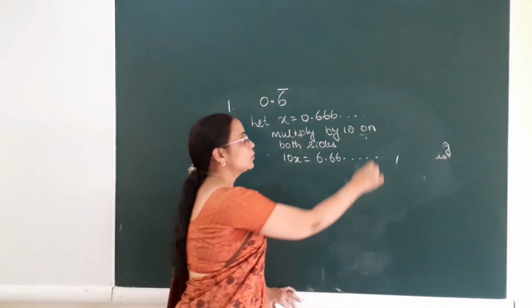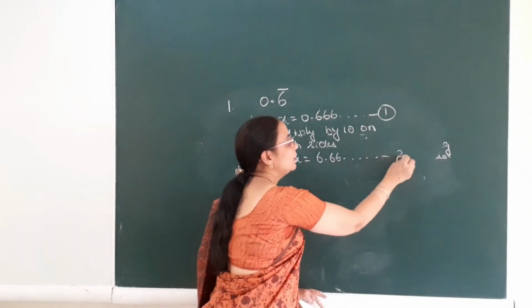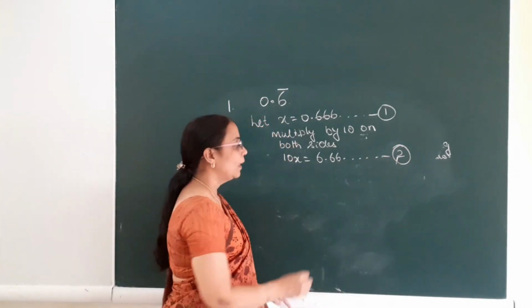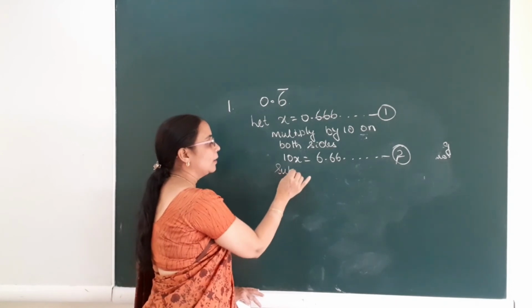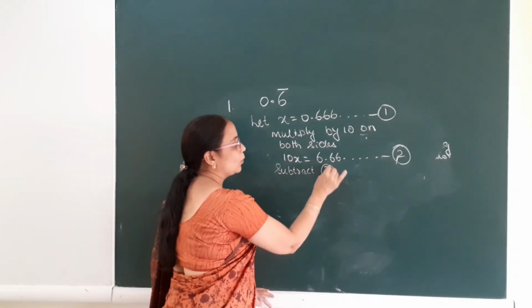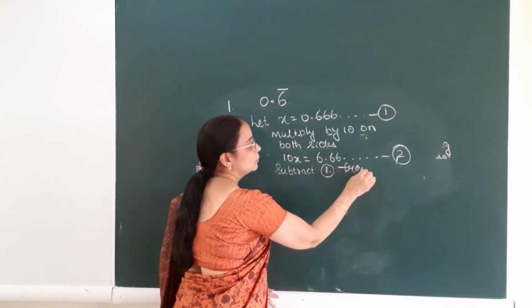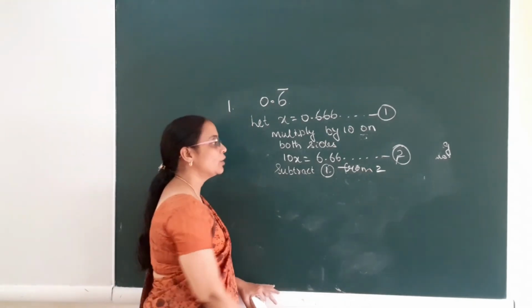Let us name these two equations: this as the first equation and this as the second equation. Now we are going to subtract equation 1 from equation 2.